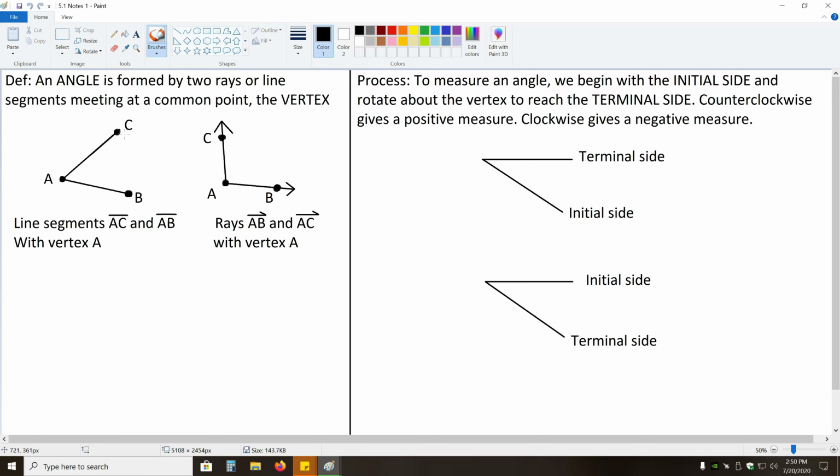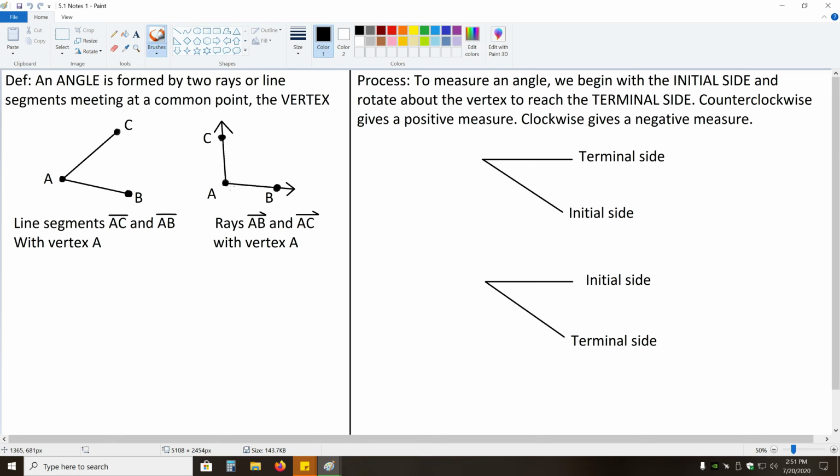The first one, we have two line segments, line segment AC and line segment AB, intersecting at the point A. So in this case, A is the vertex, and the angle CAB or BAC is formed from these two different line segments intersecting. The same thing is true for the rays AC and AB.